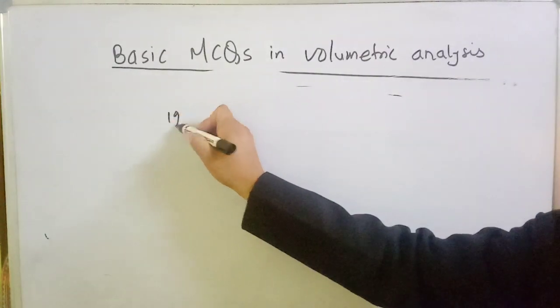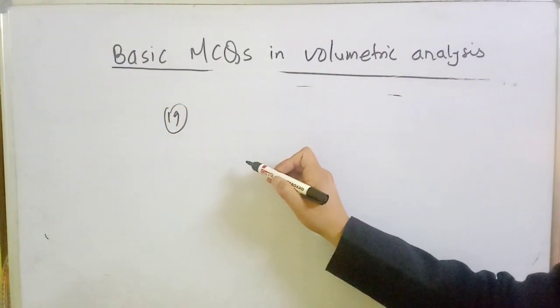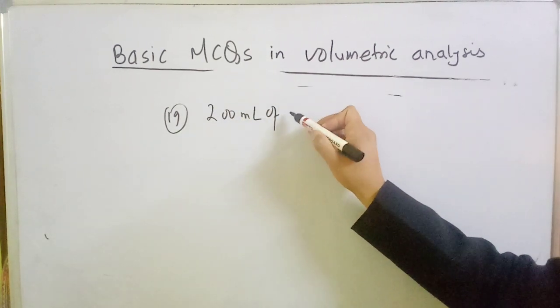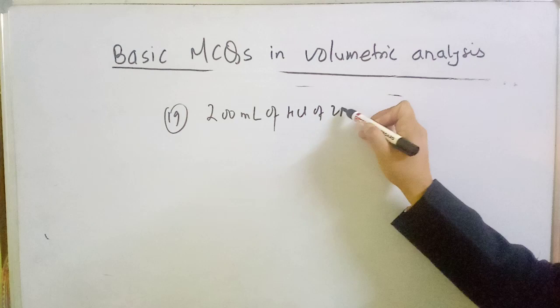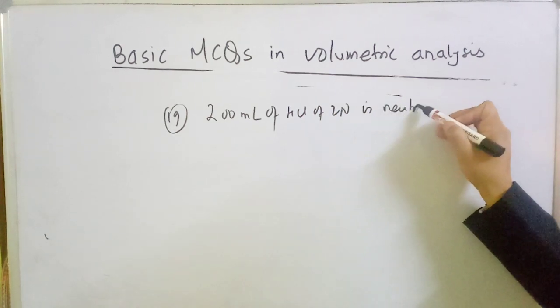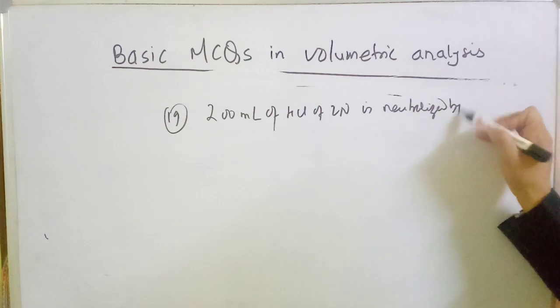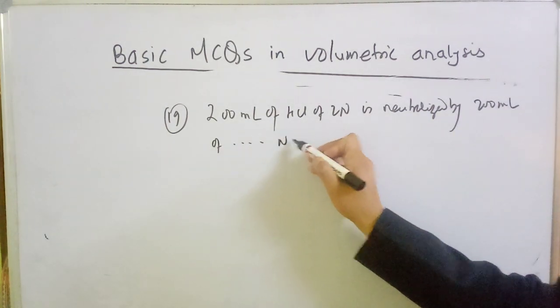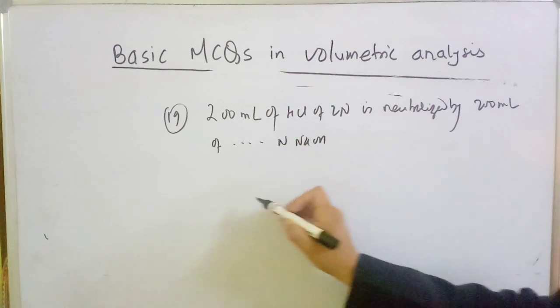Okay, in number 19 we have 200 ml of HCl of 2 normal, neutralized by 200 ml of sodium hydroxide of unknown normality.